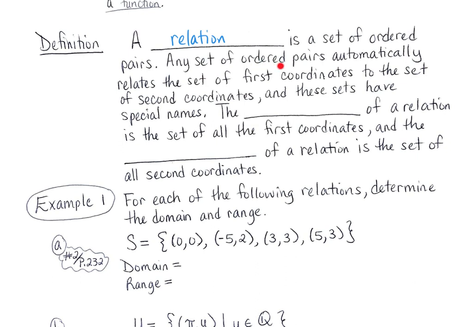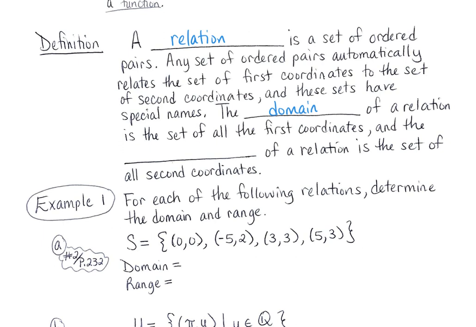Any set of ordered pairs automatically relates the set of first coordinates to the set of second coordinates. And these sets have special names. The domain of a relation is the set of all the first coordinates.